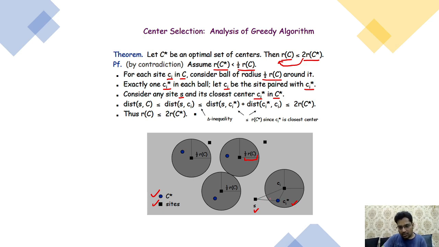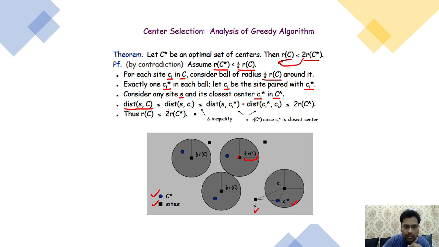Whenever we find the distance from S, which is the source one you have selected, with the set of centers you have already fixed, this is one set of centers, capital C. Clear. And the blue basically represents one of the C star, one of the optimal centers we found in between this.